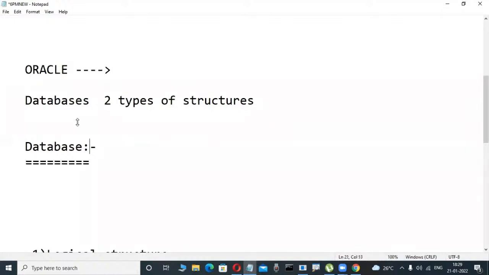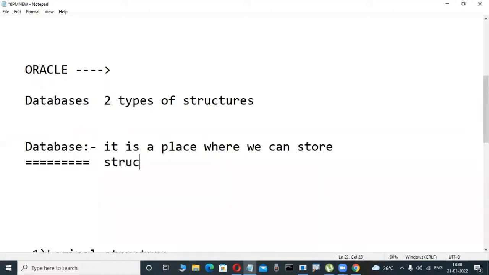Anybody observing in Google or in books will see it is a place where we can store a structured collection of data. Don't write it. They are telling only that we can store a structured collection of data. What is data? What is information? What is DBMS? That is later.